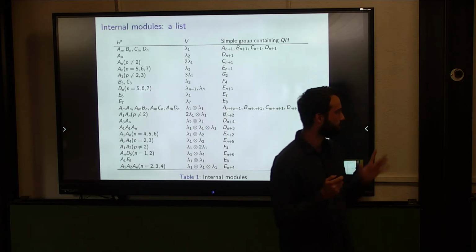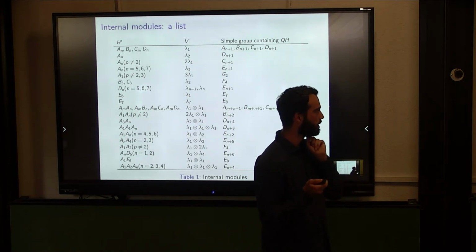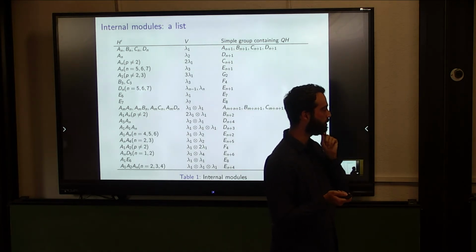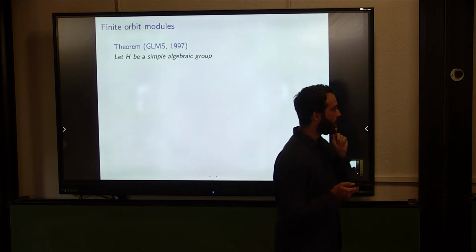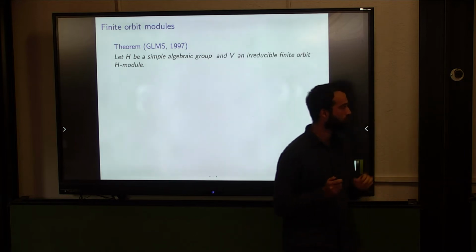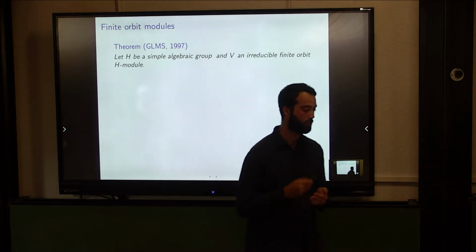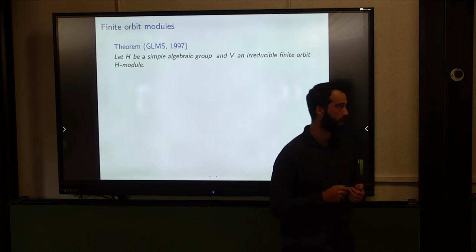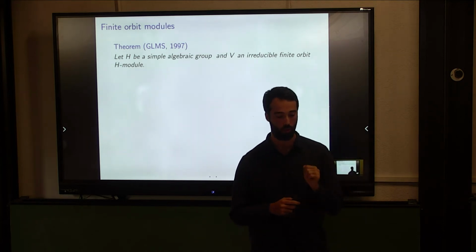Okay, so given these internal modules, I can state their first result. So you have H, your simple algebraic group, V, your irreducible finite orbit H module. Again, this means that H has finitely many orbits on one spaces.